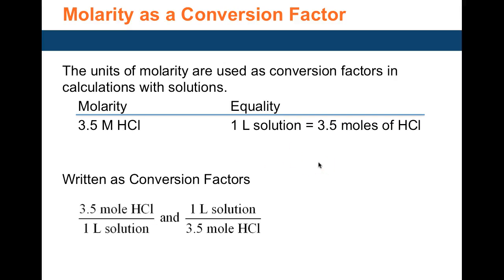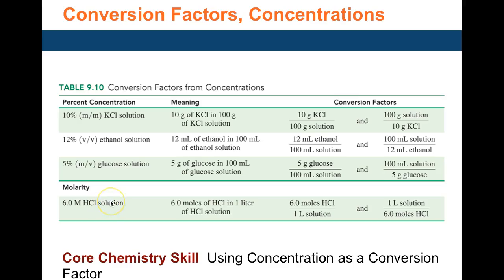You can use molarity as a conversion factor, moles over liters or liters over mole. So in all of these cases, you can use either the percentage concentration or the molarity as conversion factors: gram of solute over gram of solution, or vice versa, mil of solute over mil of solution, gram of solute over mil of solution, or moles over liters, and so on.